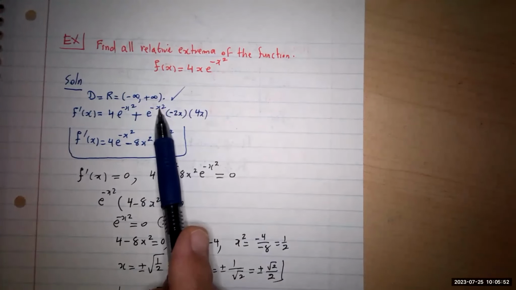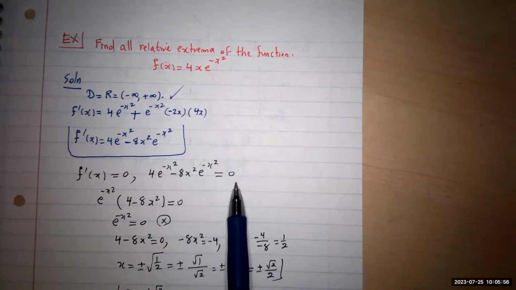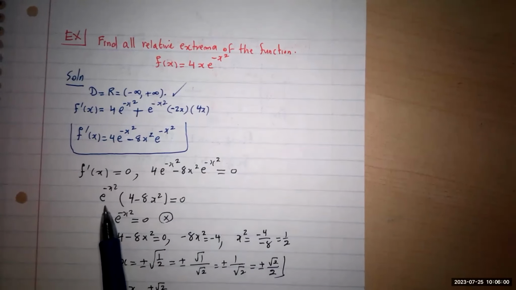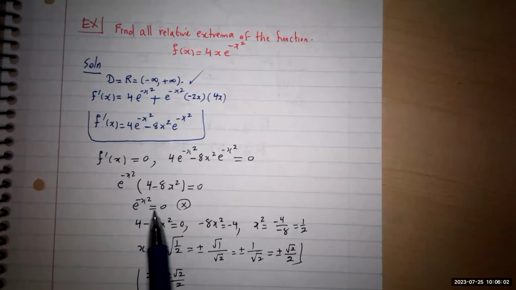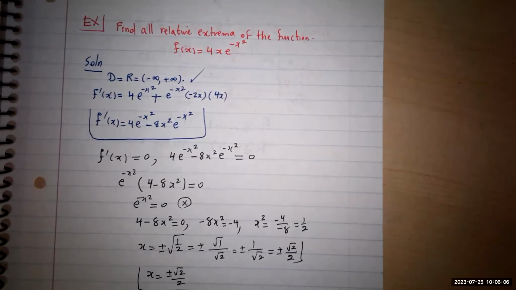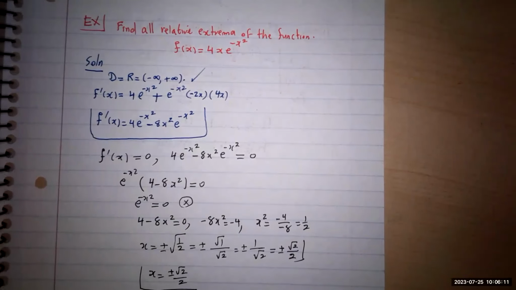So you have to multiply by u prime, which is the negative 2x. Then when you want to let it equal to the 0, make sure you remember, always factor out the exponential. When you factor it out, you can drop it because it's never 0. So the rest are going to be just a kind of a polynomial type, and you'll be able to handle it easily. But otherwise, nothing else to be worried about it. Okay, so this is optimization problem for the exponential function.